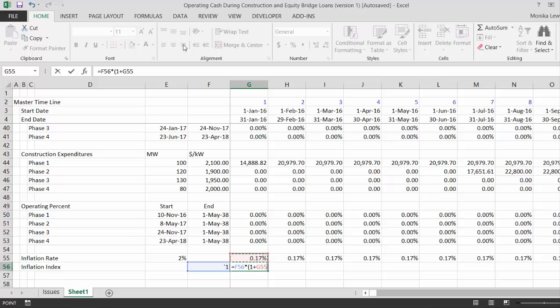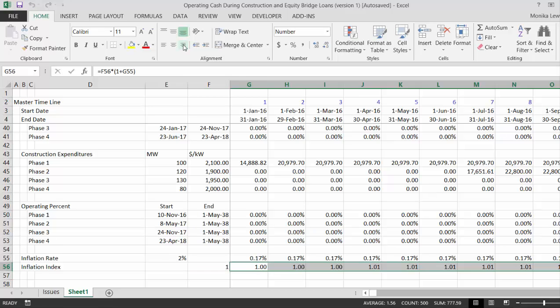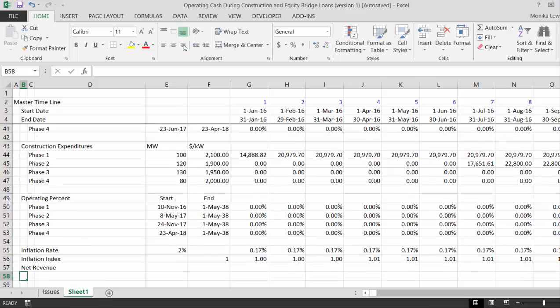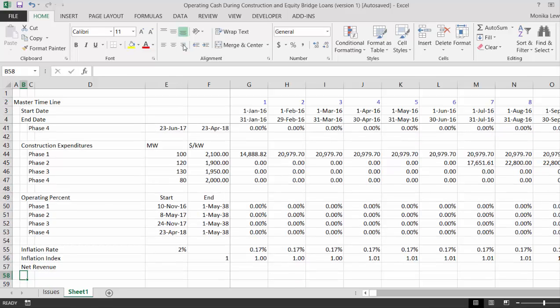So then we have our, okay, that's our inflation, and then let's put our net revenues. We could do, of course, an extremely sophisticated kind of analysis of that.